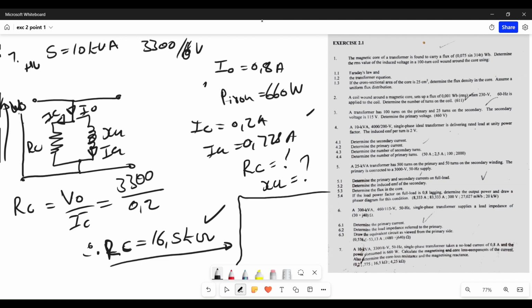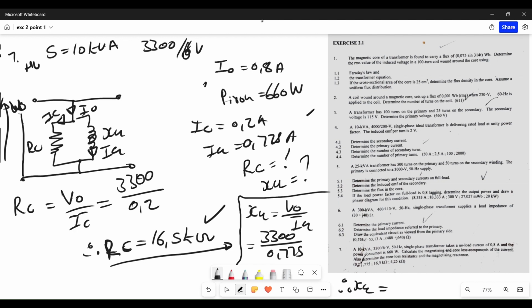Just like I found RC, I'm going to say XU is equal to VO over IU, which is equal to 3300 over 0.775.